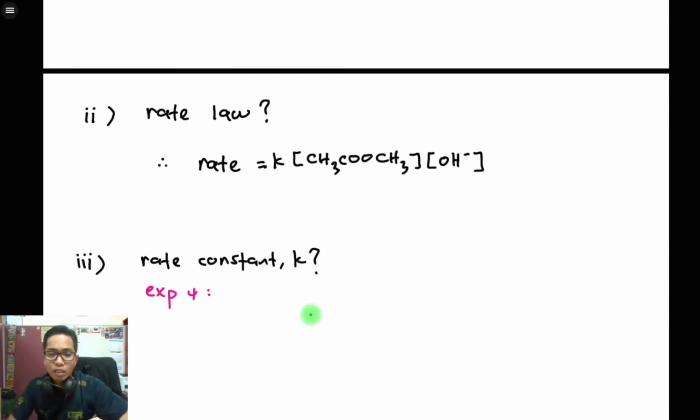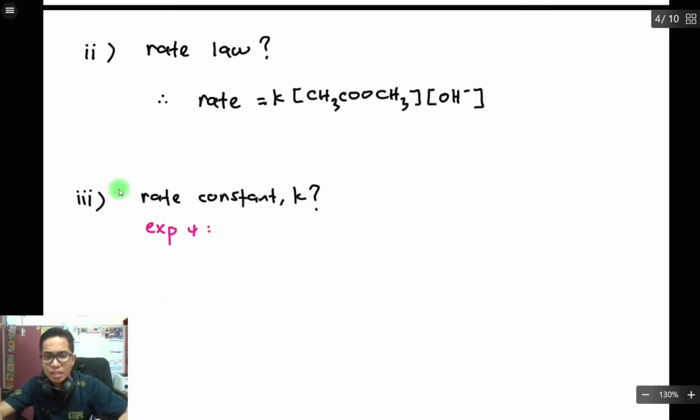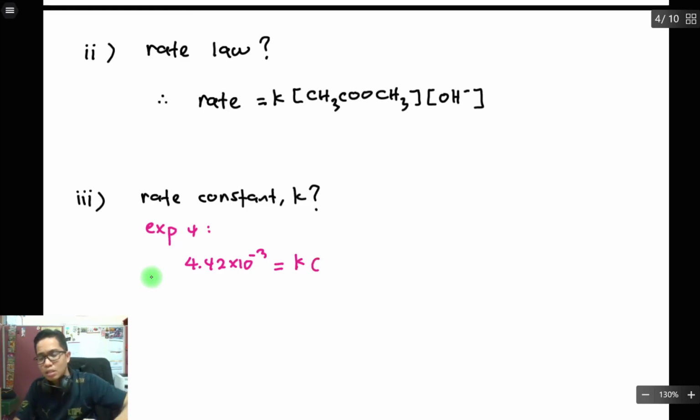Right. So for experiment 4, the rate is 4.42 exponent negative 3 equal to K. We need to find out concentration CH3COOCH3 is 0.084 times with OH minus 0.2.